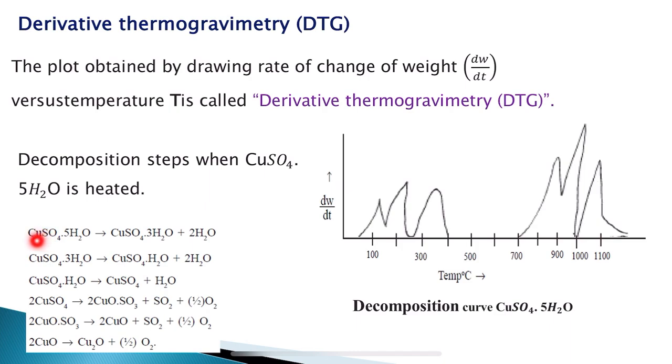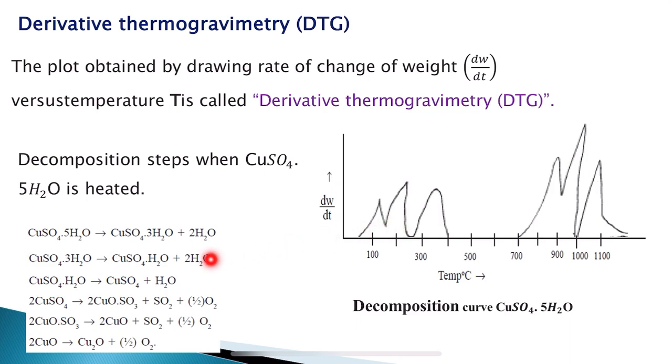When copper sulphate pentahydrate is heated, 2 molecules of water get eliminated, which leaves copper sulphate trihydrate.